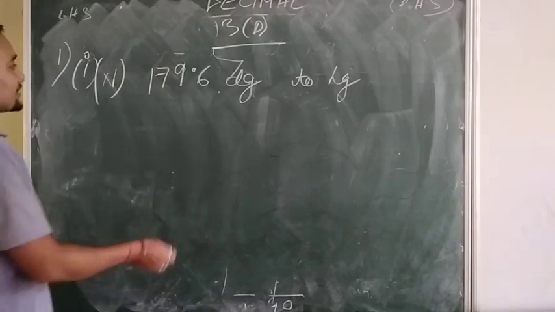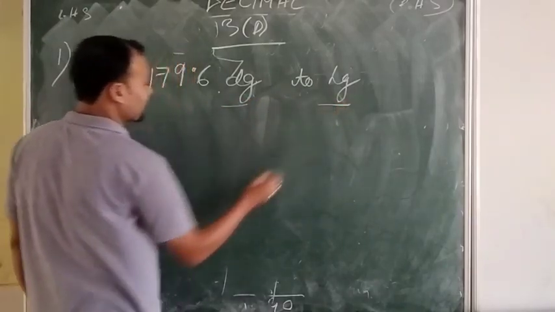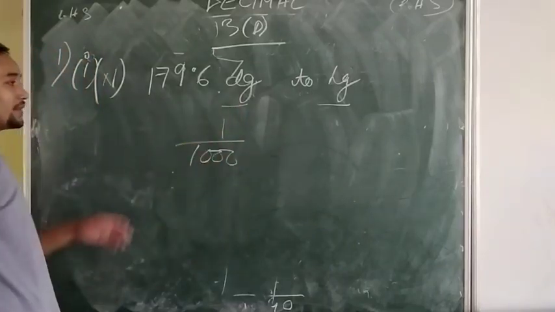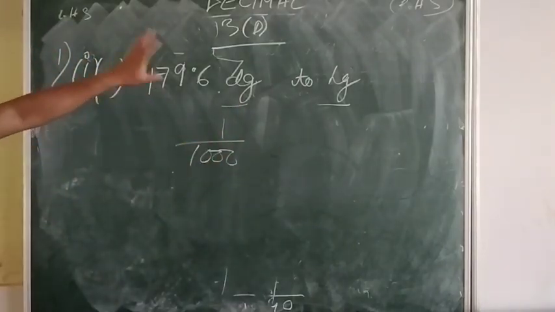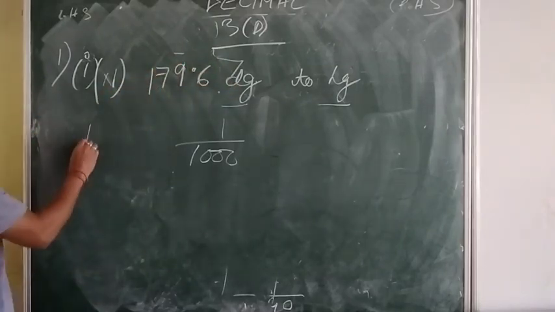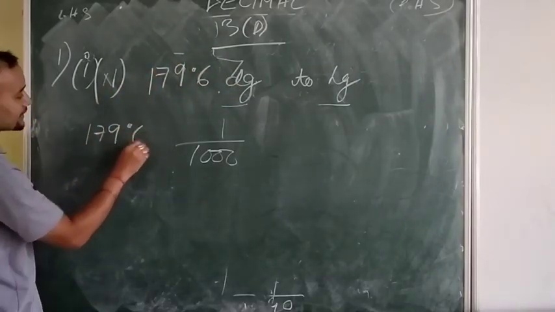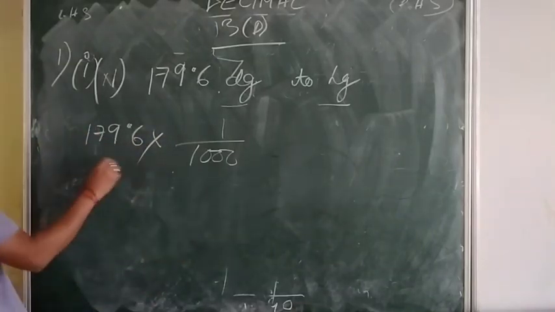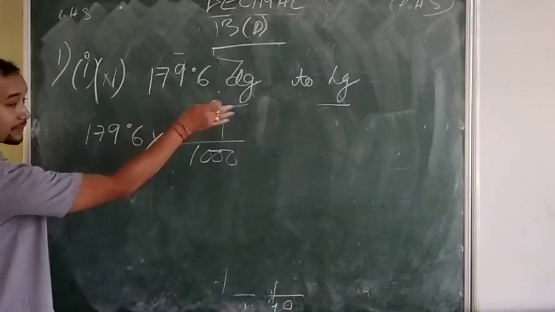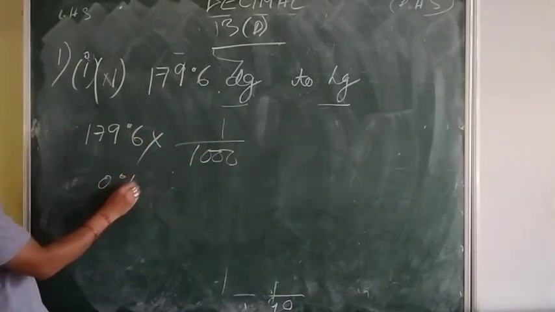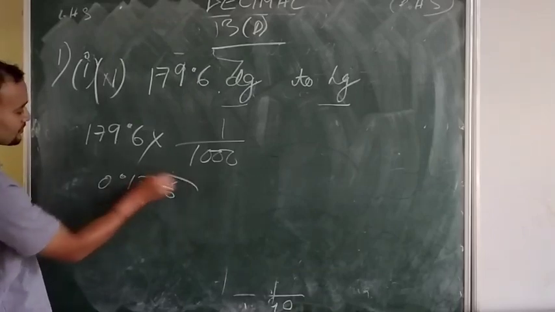Are you done with this? See, between decigram and hectogram there is a difference of 1 by 1000. This is a smaller one. If we need to make a smaller one equal to a bigger one, we always need to divide. So 179.6 should be multiplied with 1 by 1000, so the answer is 0.1796.